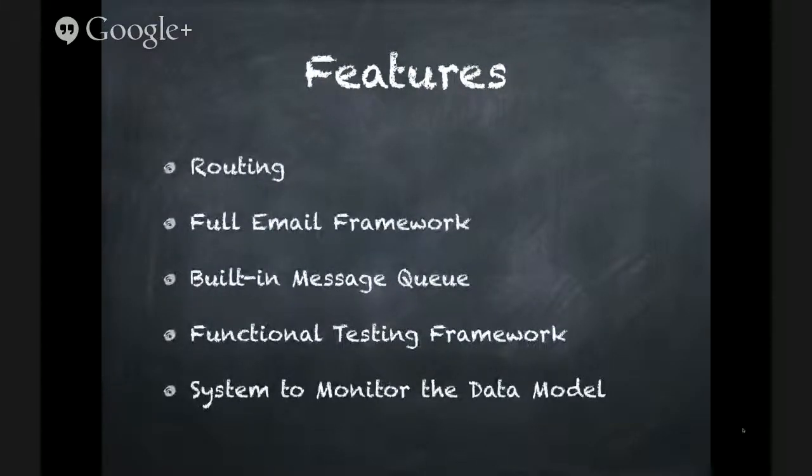There's routes for constructing URLs and handling requests. There are full frameworks for sending and receiving email, built-in message queues. There's also testing, so they have what's called eUnit, which is Erlang unit testing. They also do functional testing. And it has a first of its kind event system for monitoring the data model.